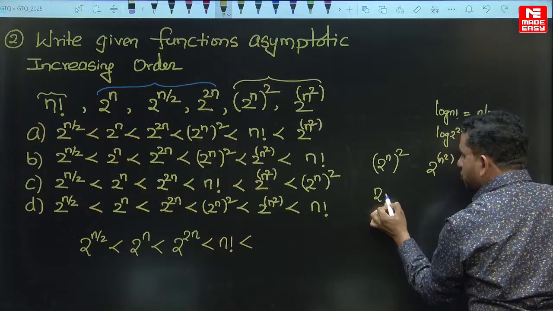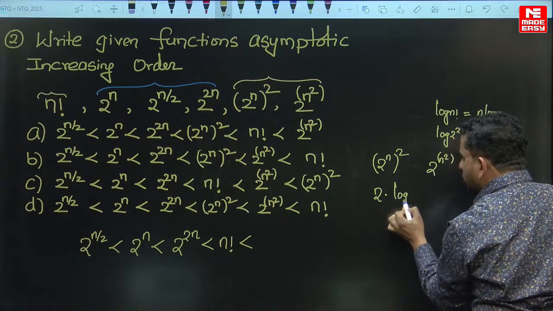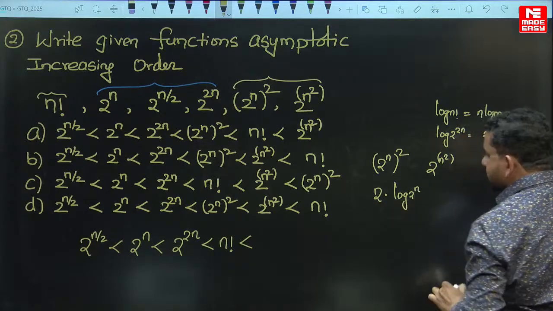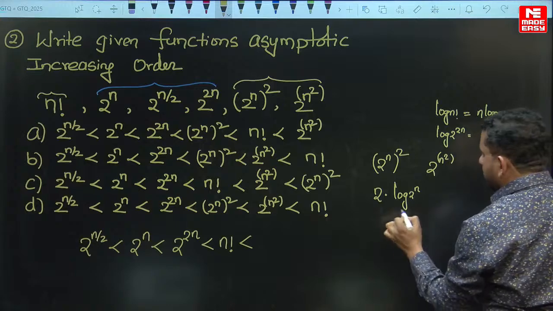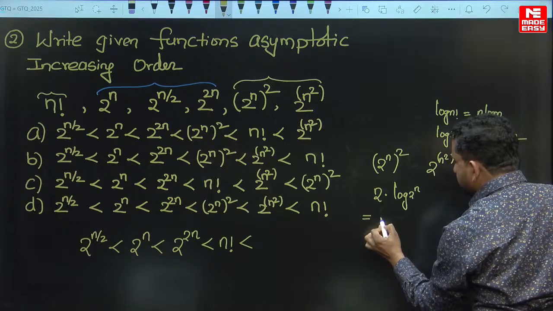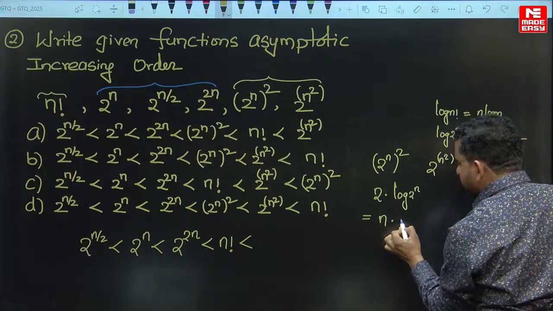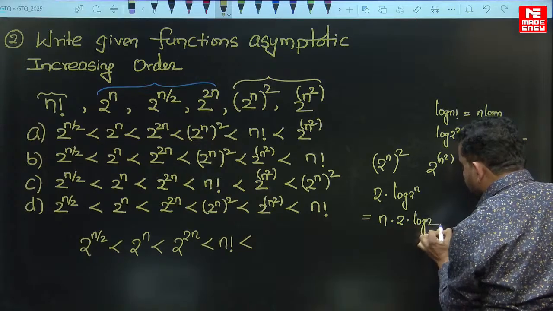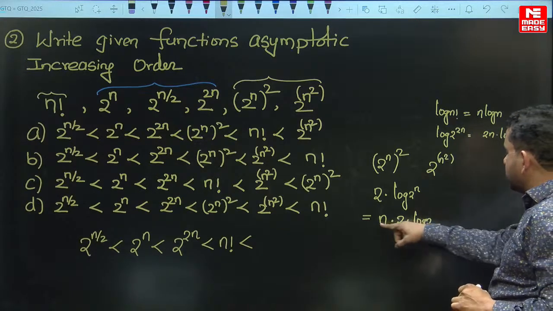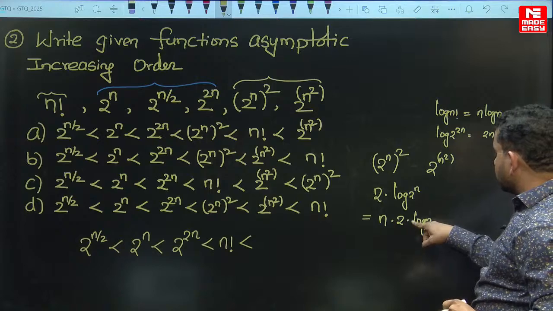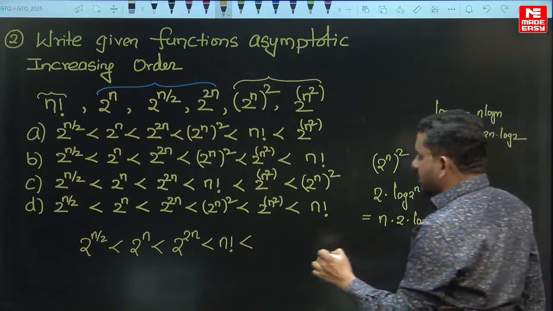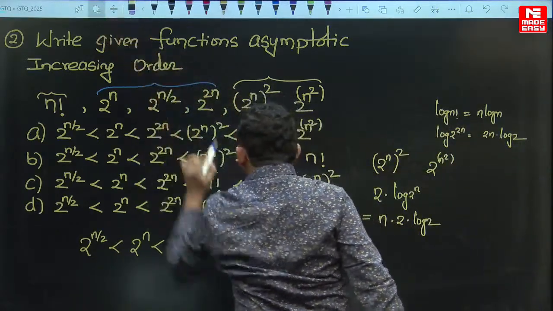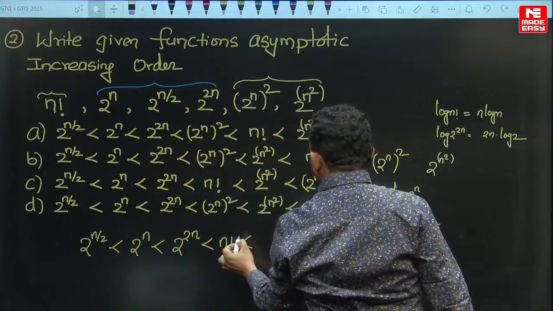It is 2 multiplied with log 2 power n, which becomes n multiplied with 2 log 2. So this is asymptotically smaller than log n factorial. Log n factorial is asymptotically greater.